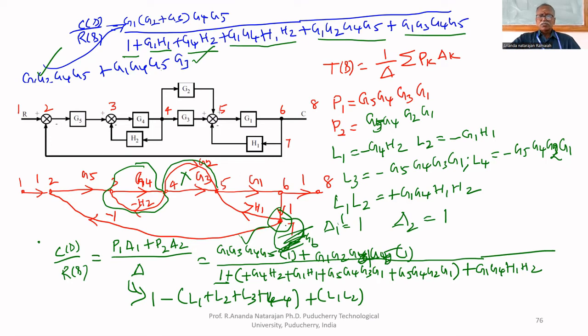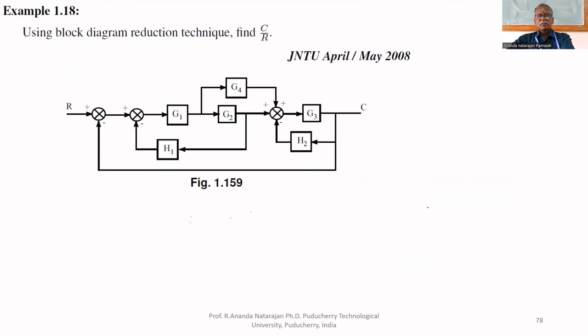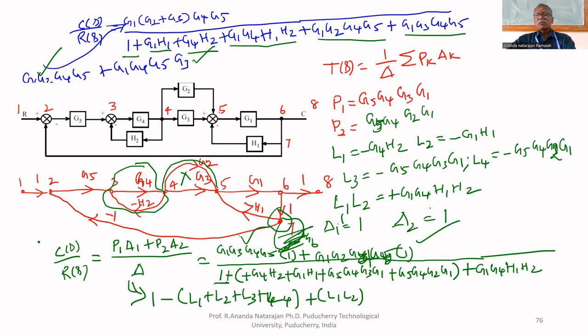G1, G2, G4, G5. Yes, now it's correct. In both methods, we got the same transfer function.